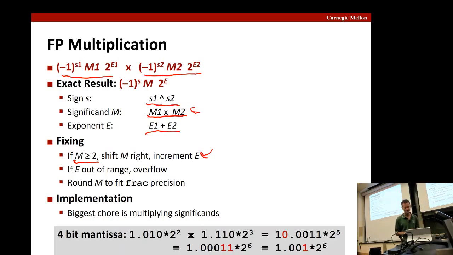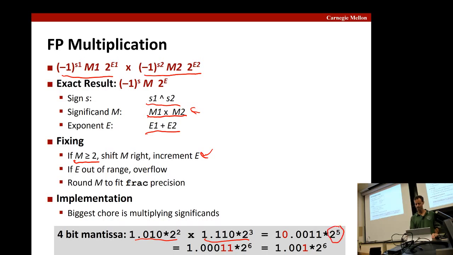So let's look at a quick example. If our original number looks like this, and we want to multiply by this, we have 2 to the 2 and 2 to the 3, so we add those 2 exponents and we get 2 to the 5.